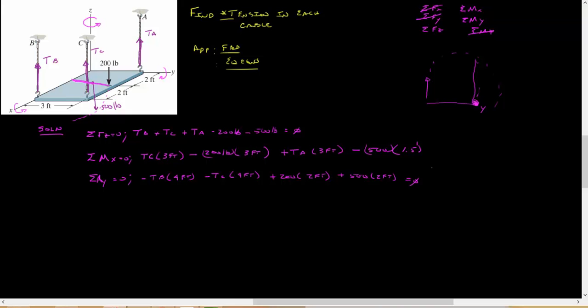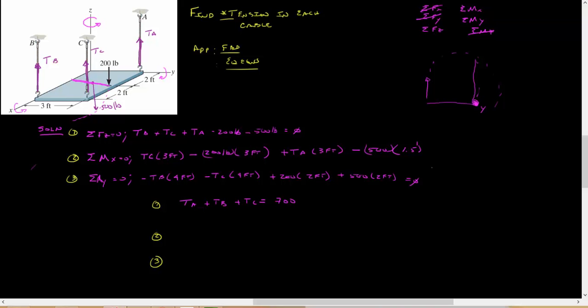Now I'm going to organize my work here, and I'm going to say TA plus TB plus TC is equal to, and I'm going to take these over to the other side. That's equation 1, equation 2, equation 3. All I'm doing is rewriting my problems so that I can easily solve for them.